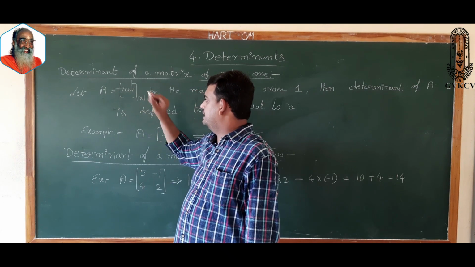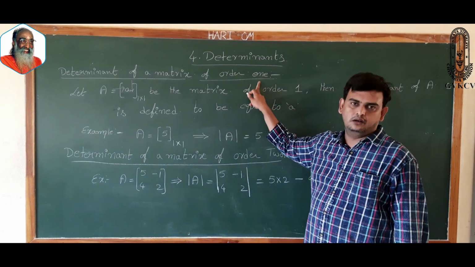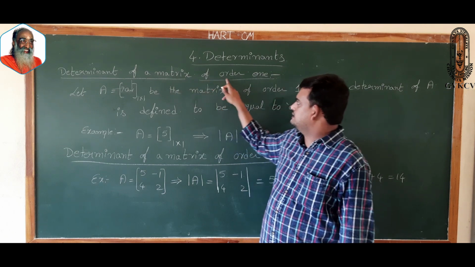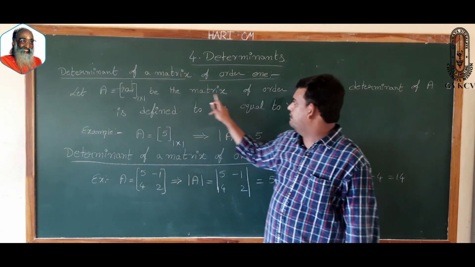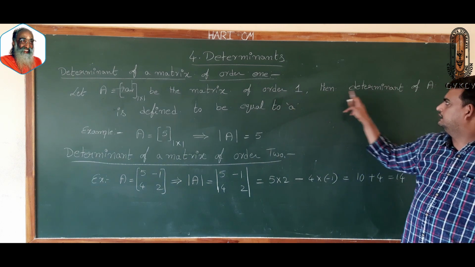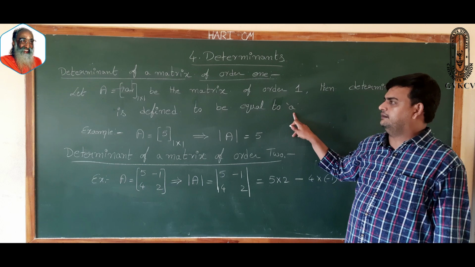So the order of this matrix is 1 by 1, which we can simply call order 1. Then the determinant of A is defined to be equal to a.